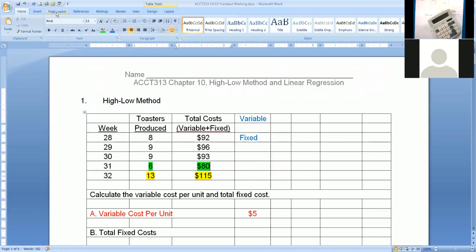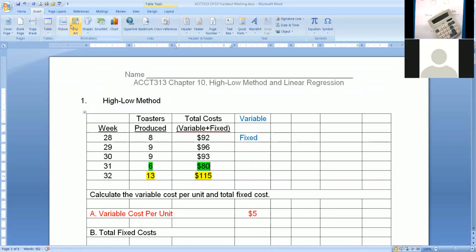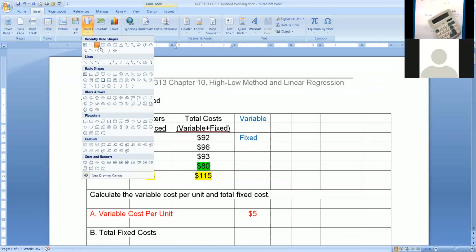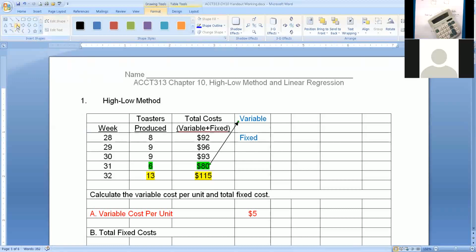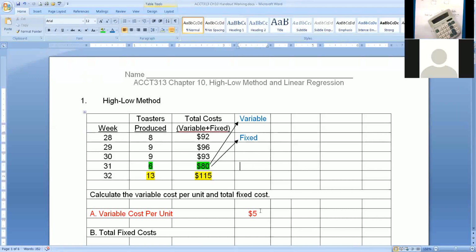Okay, so this $80, some of it is variable and some of it's fixed, right? It has both of them in there. So the question is, how much is variable? Well, the units we had were 6. Let me start with the price first.